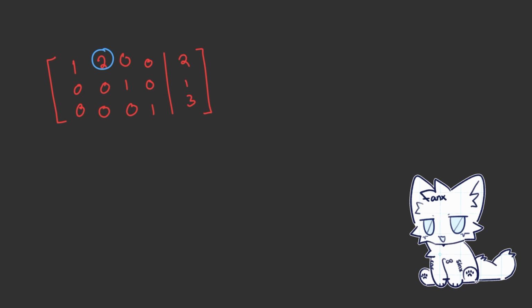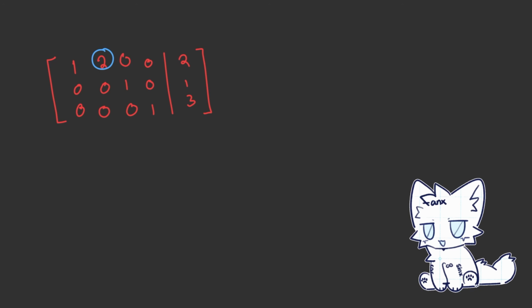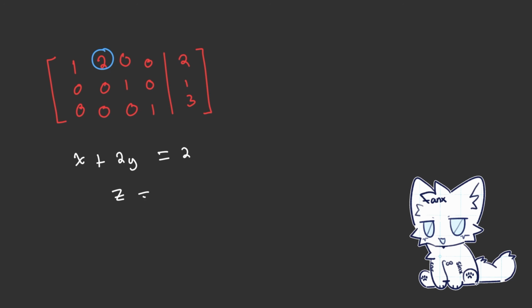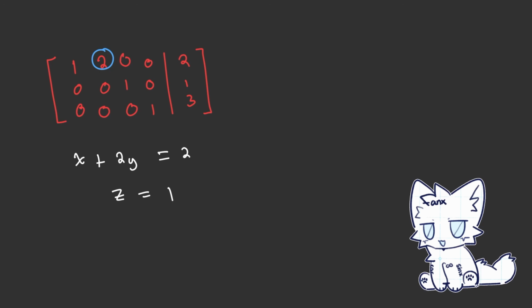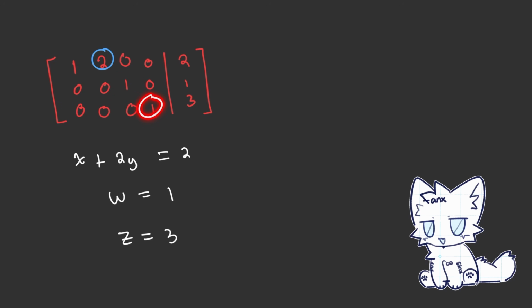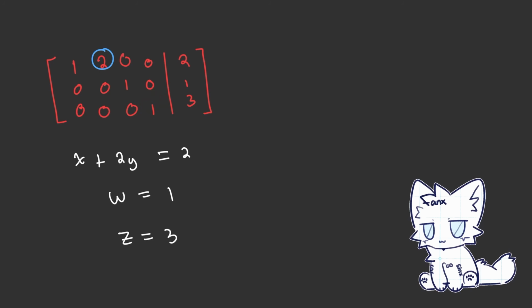This is something called a free variable. So that means that if we write out the solution for this, x plus 2y is equal to 2. Let's do z is equal to 1. And let's do w, and then let's do z is equal to 3. So I'm defining this as w, this as z. Notice how y doesn't have a unique solution.